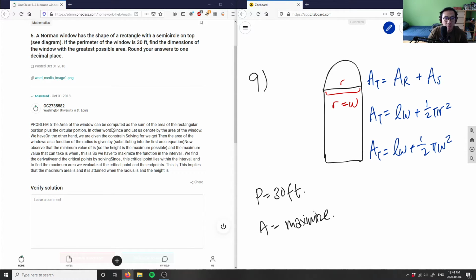So it says this is the first part, which I've written out mathematically. Then it says, in other words, let us denote the area of the window, but these are not proper sentences.